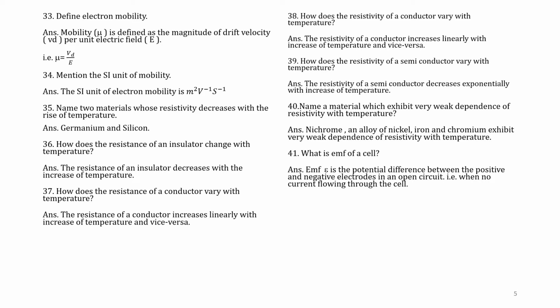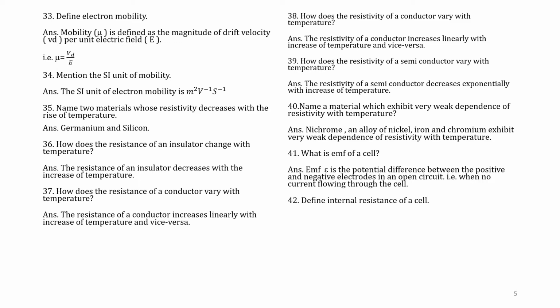EMF epsilon or E is the potential difference between positive and negative electrodes in an open circuit when no current is flowing through the cell. That means in the open circuit no load is connected and there is no flow of current. Hence the voltage between the positive and negative electrodes of a cell is the EMF.